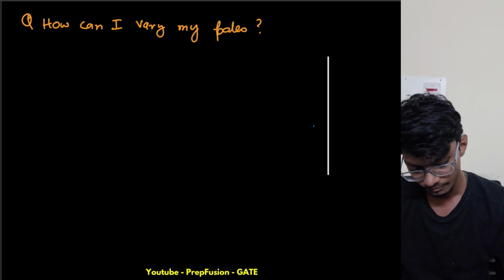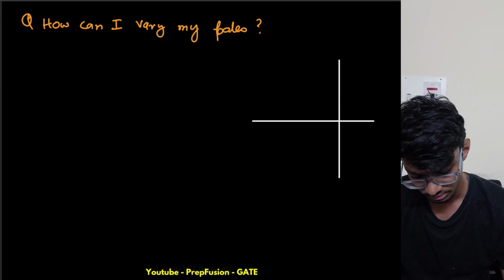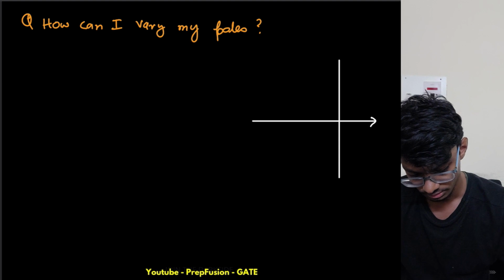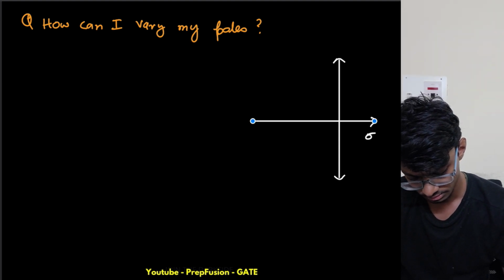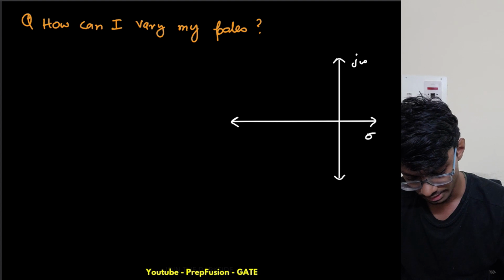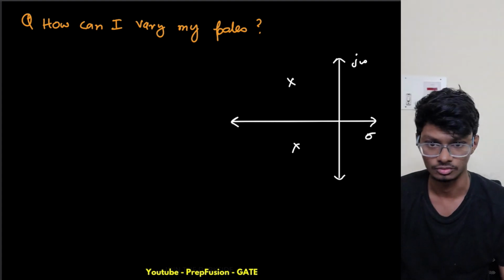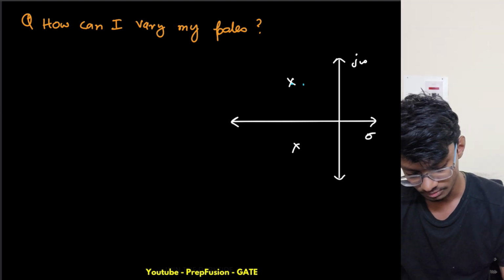Here I have my two axes, sigma and j omega, right? Now let's say my poles are lying somewhere around here. They are complex conjugate because this is an underdamped system.